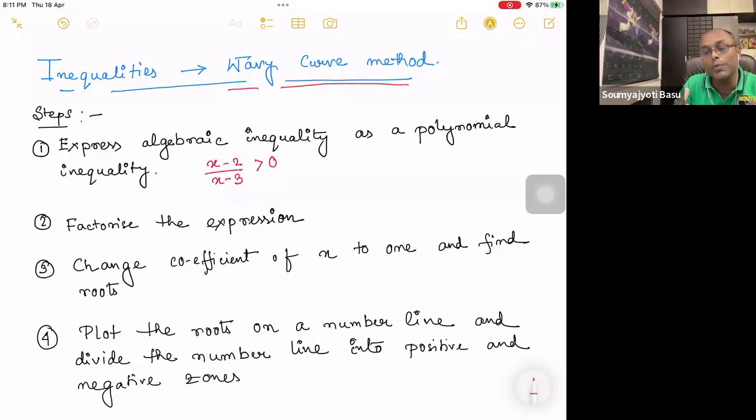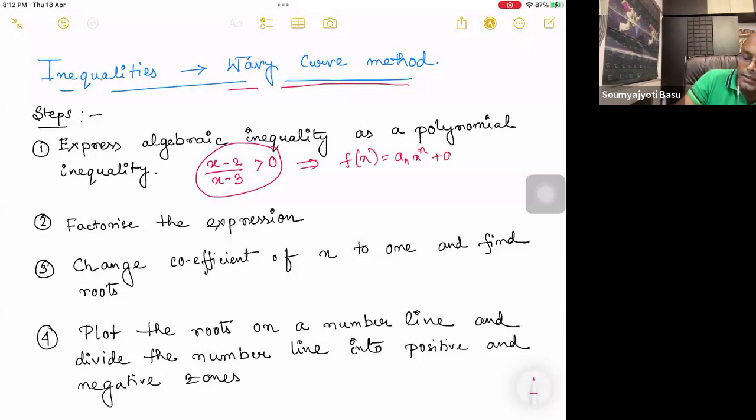This is not a polynomial function, right? This is a general algebraic expression. What you have to do is express it as some form of a polynomial function. How to do it? I would explain soon. It's very easy actually, but you have to be careful.